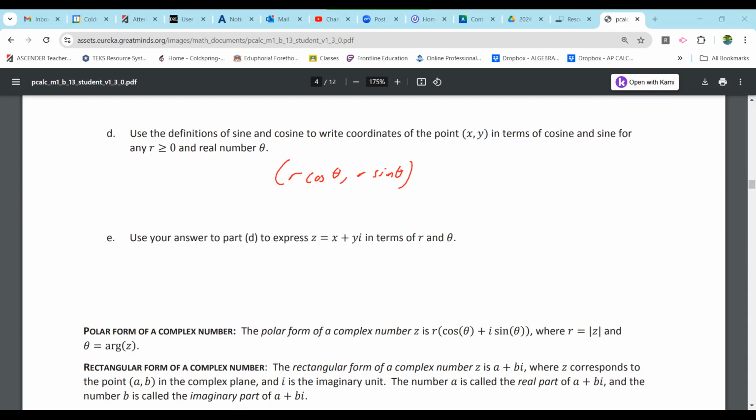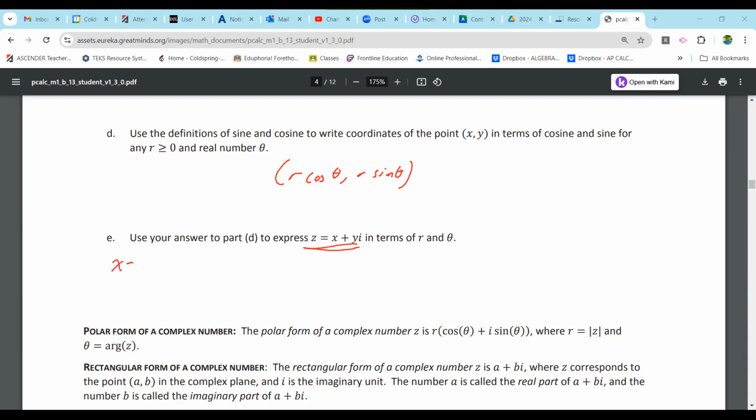Now, with that being said, if I'm told the theta and I'm told the r or the modulus, and I'm able to find the coordinate, then from that coordinate, I should be able to also produce what? Well, that gives me the coordinate, right? So from there, I should then be able to produce the complex number. Right? So given an r, given a theta, I can locate where I'm at on the graph, then also back up and produce the complex number. So to produce this complex number, this would be the x value.